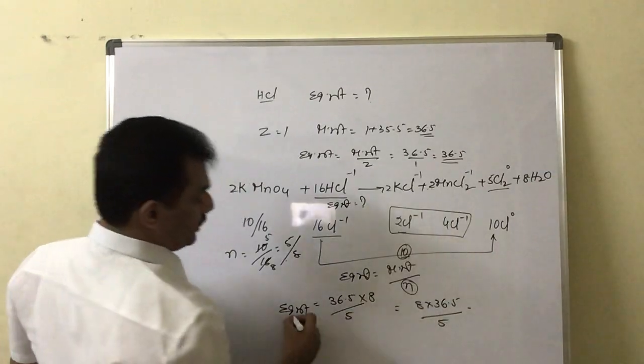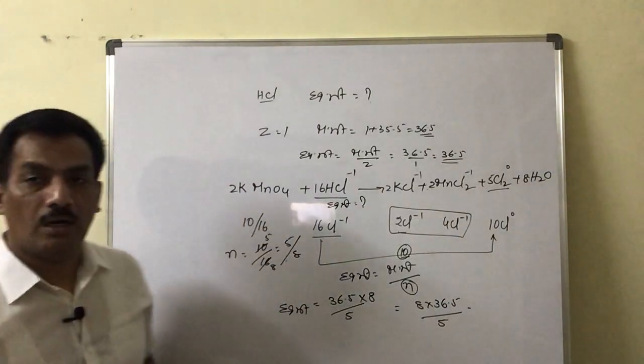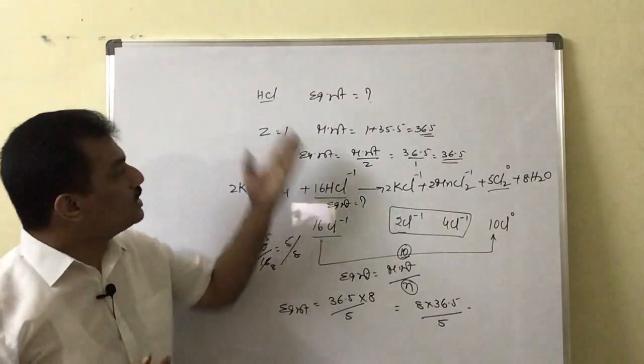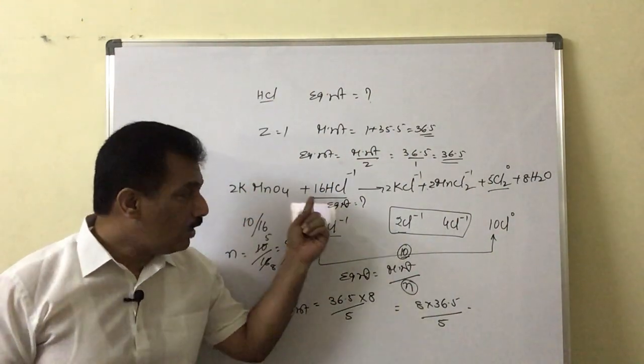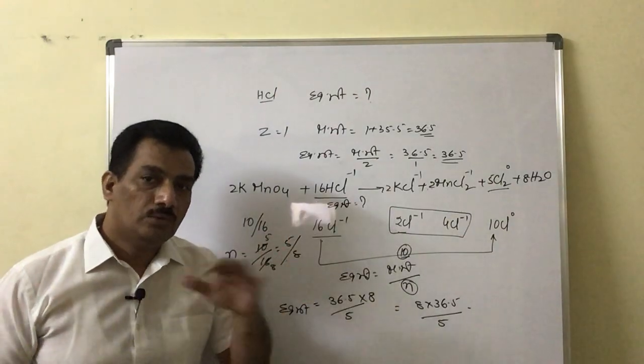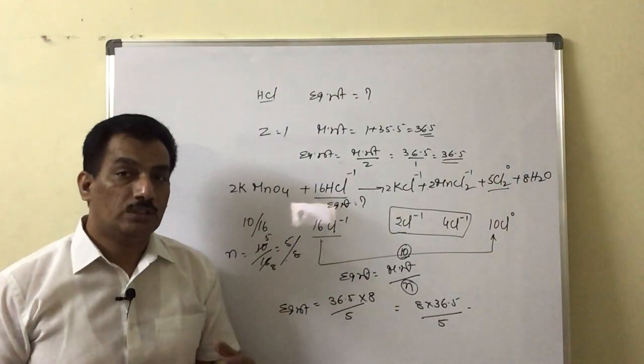This is the equivalent weight of HCl in this particular reaction. In case only HCl is given, it is 36.5. But when it is involved in this reaction, we are not using the Z factor. Just consider that.